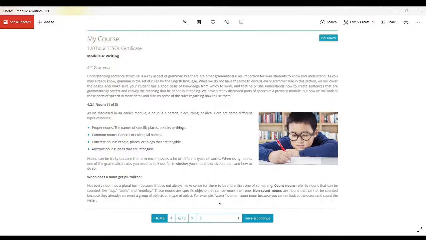These nouns are specific objects that can be more than one. Non-count nouns are nouns that cannot be counted because they already represent a group of objects or a type of object. For example, water is a non-count noun because you cannot look at the ocean and count the water. Makes sense, right? Save and continue.